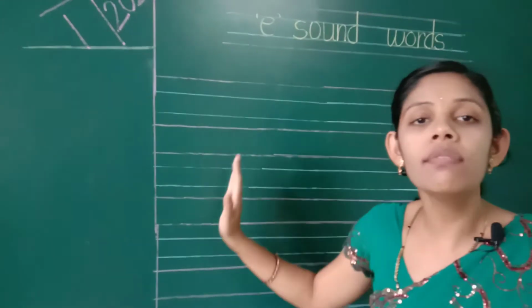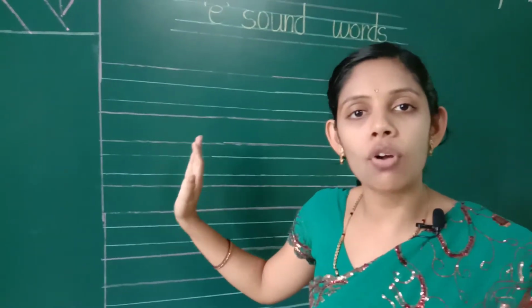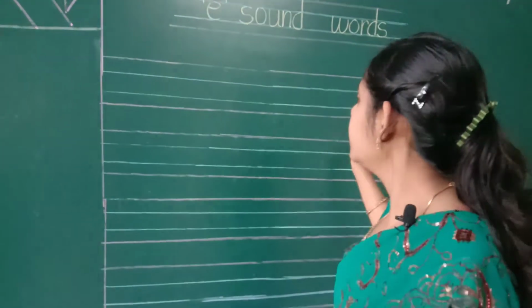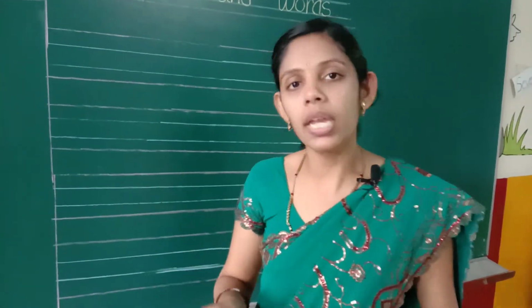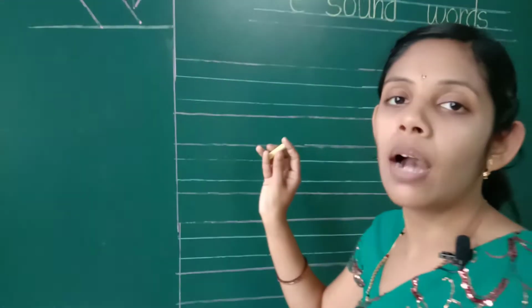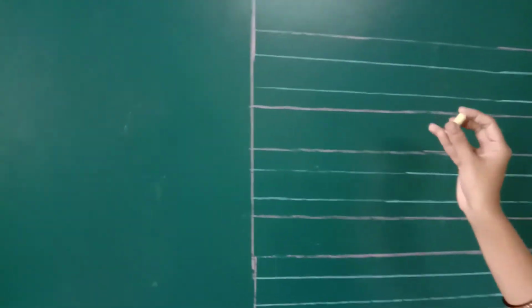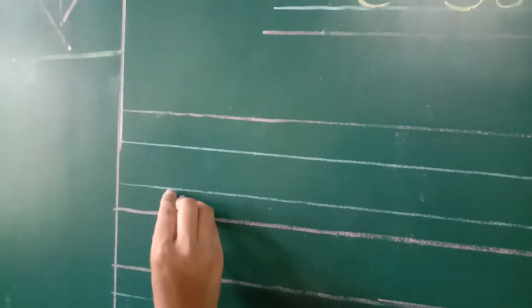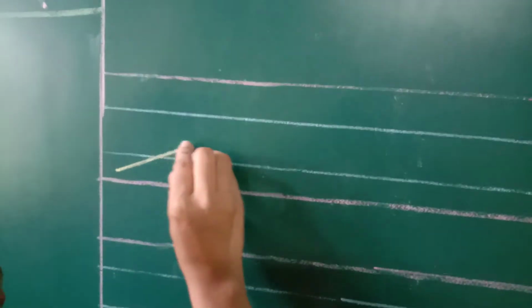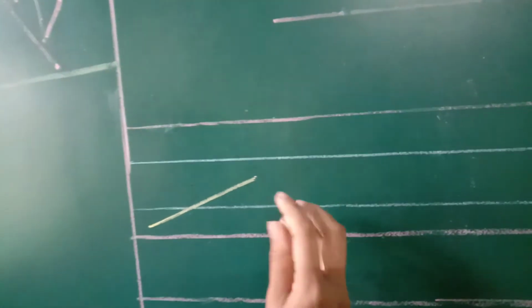Now on one side we are going to draw the picture and on the other side we are going to write its spelling. Okay, so let's start how to draw the picture of E sound word. So our first picture is the picture of net. Picture should not go out of the 4-line.